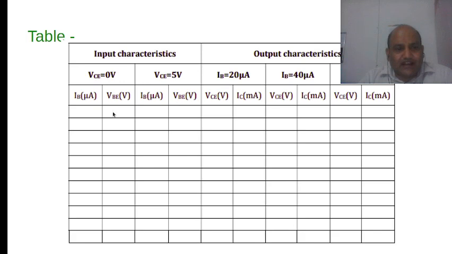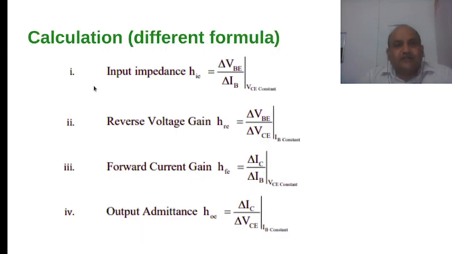You can get the difference of VBE to the difference of IB, and that gives you HIE, the input resistance of your transistor, at a constant value of collector-emitter voltage VCE, either 0 or 5 or something.